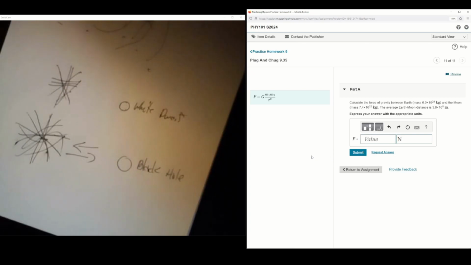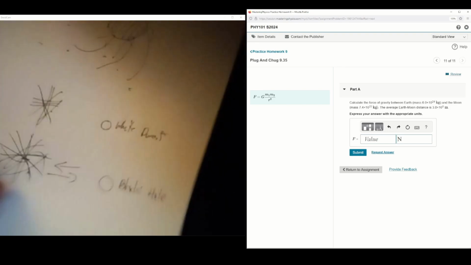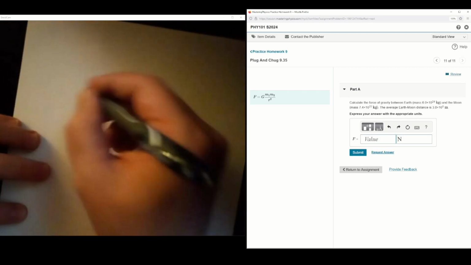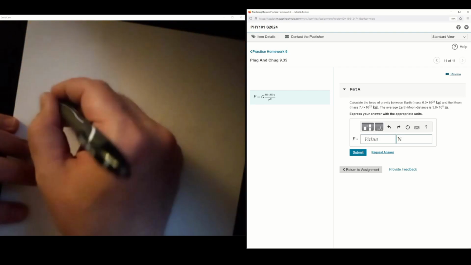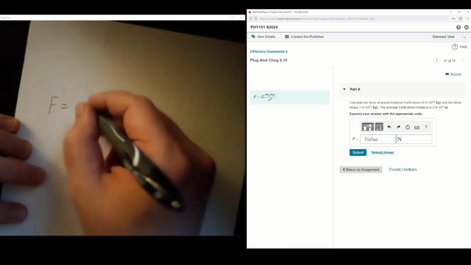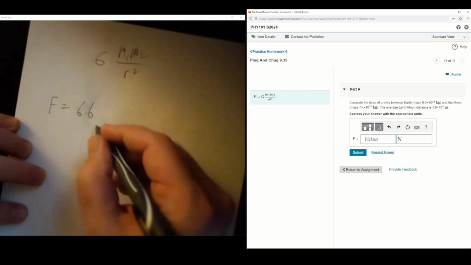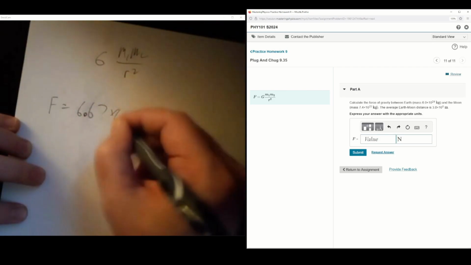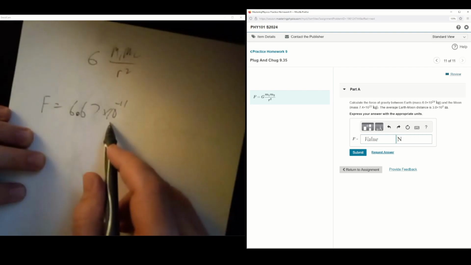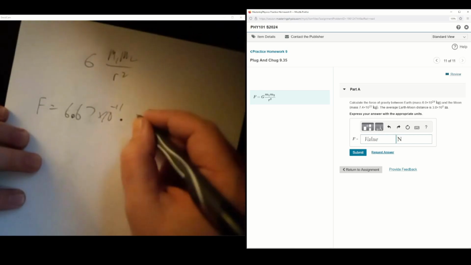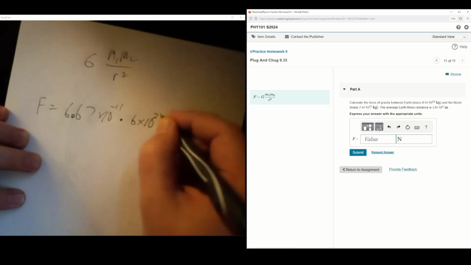And lastly, it's just a plug and chug problem. I actually don't have my calculator with me at the moment, but let me just say this. They just want us to calculate the force of gravity. So in my calculator, I would do, well, let me write the actual formula, G m1 m2 over r squared. So I would do G, 6.67 times 10 to the minus 11th, times mass 1, which is the Earth, 6 times 10 to the 24th.